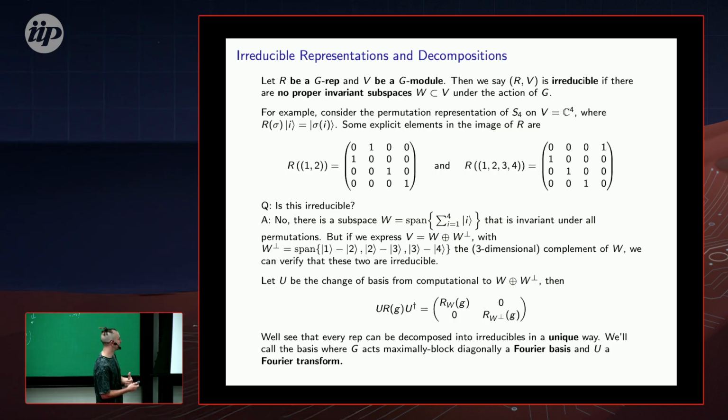Something I will try to argue is that the basis where this looks maximally block diagonal can be called a Fourier basis for this group representation, and U can be called a Fourier transform. We will get back to this, but it's nice to have this in mind.